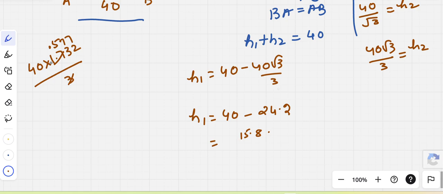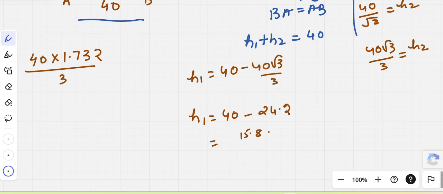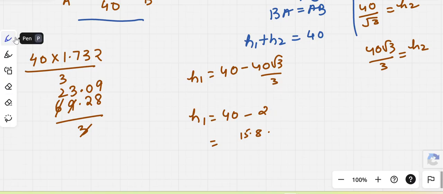It will be 23.09 if we do it properly. 40 into 1.732 divided by 3. 40 into 1.732 is 69.28, by 3 is 23.09.